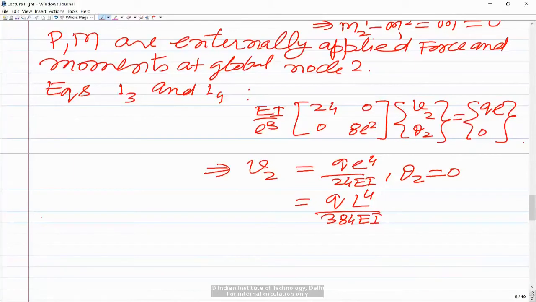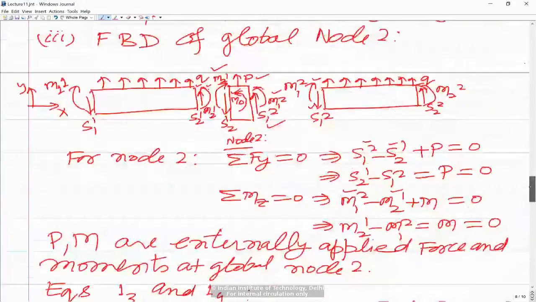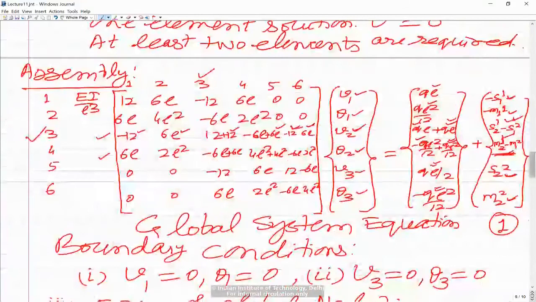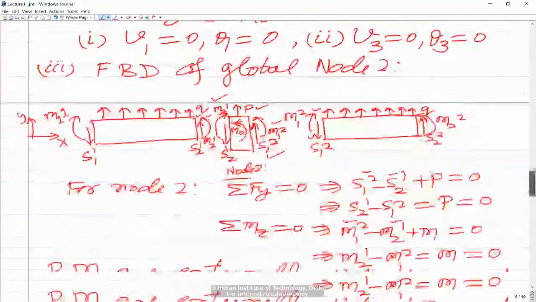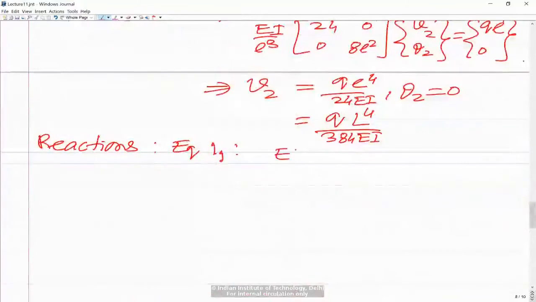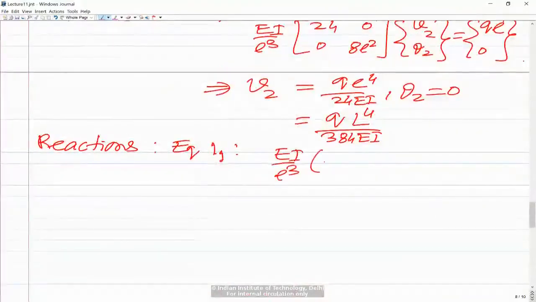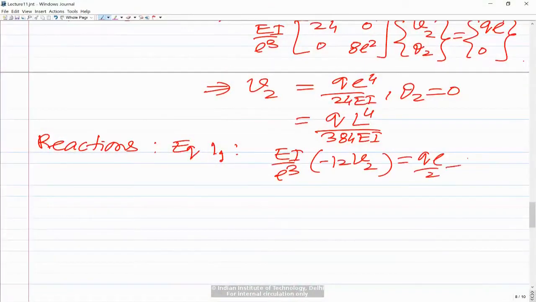Now if you want to calculate reactions, take equation number 1, from which we are going to get S11 and M11. For this equation of the element, this into V1, which is 0, this into theta 1, which is 0, then we have minus 12 into V2, which is non-zero, and then 6L into theta 2, which is 0, and these other terms are 0. In the first equation, EI by small l cube is common, and you get minus 12 into V2, and on the right side QL by 2 minus S11.